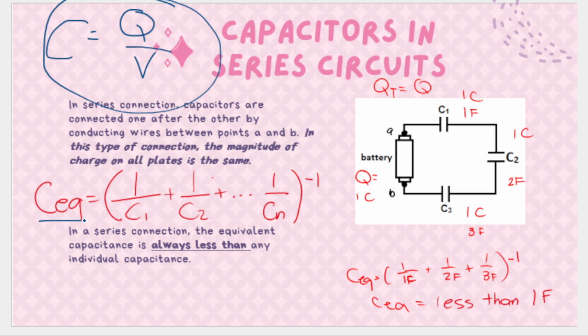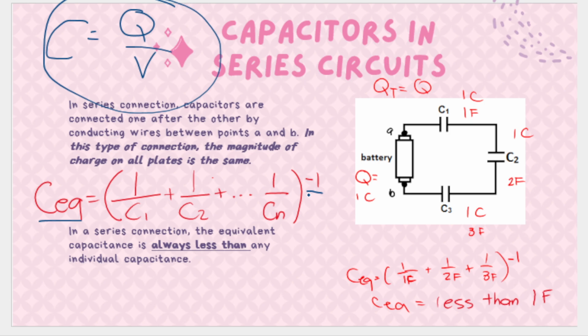CEQ is the combination of the capacitors present in your circuit, whether in series or in parallel. Pero pag series siya, ingani ang iyahang formula. So that will be 1 over C1, plus 1 over C2, plus, if you have 2 or more, i-add nimo siya dira, raised to negative 1. So do not forget the negative 1. Okay?